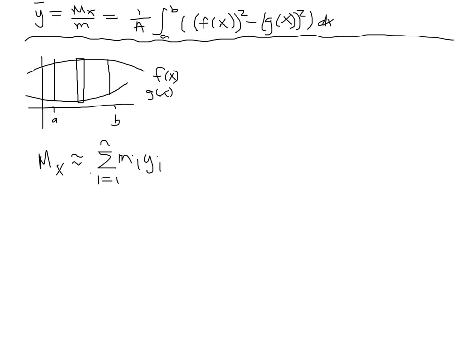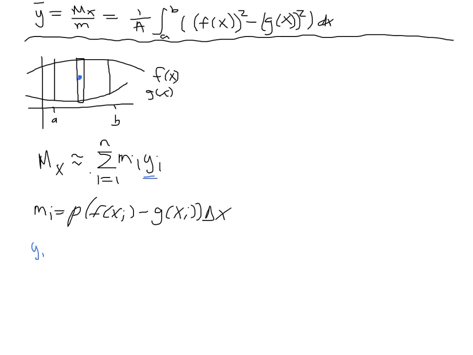Now, the mass of that box has not changed, so m sub i is still equal to rho times f of x sub i minus g of x sub i times delta x. What we need to figure out is what y sub i is. So in this little box, we're finding the center y value. It's going to be in the middle because the thing has uniform density.